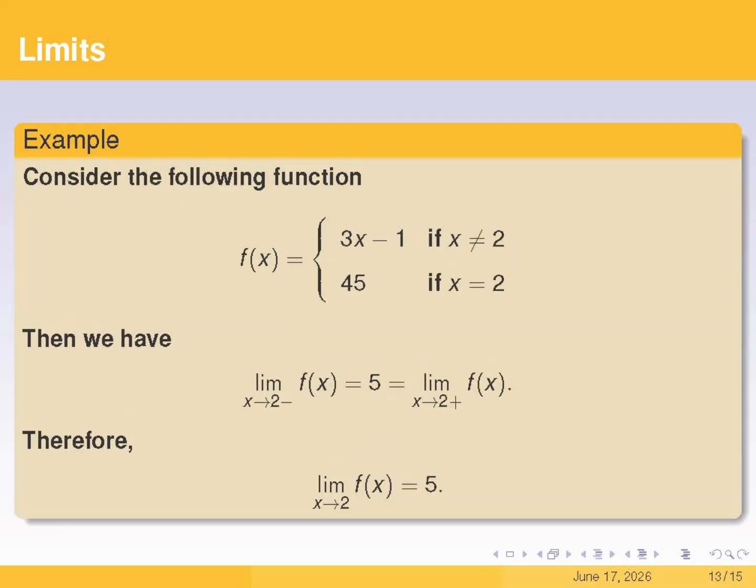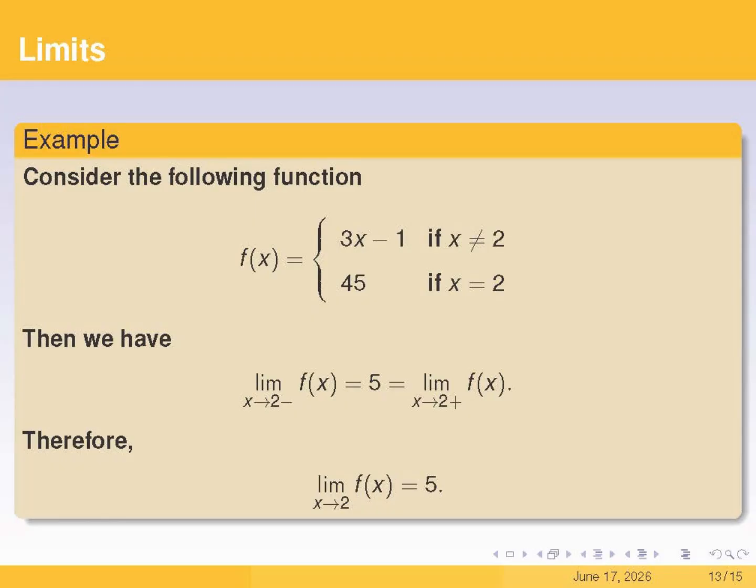Consider this discontinuous function. Obviously, this function is discontinuous at x equals 2. When we consider the limit as the variable x approaches 2, it does not mean that x must equal 2. Rather, the function only needs to be defined in the neighborhood of the real number 2. Therefore, when calculating the left-hand and right-hand limits, we consider the function where x does not equal 2, which is 3x minus 1.